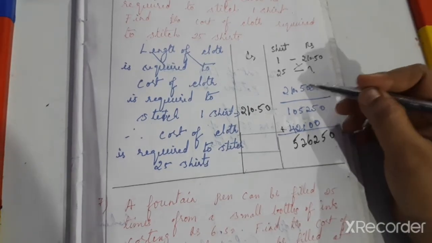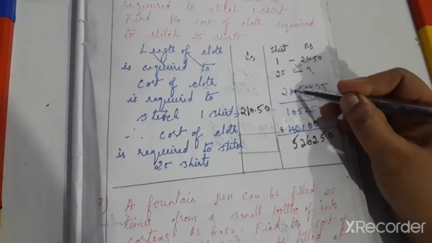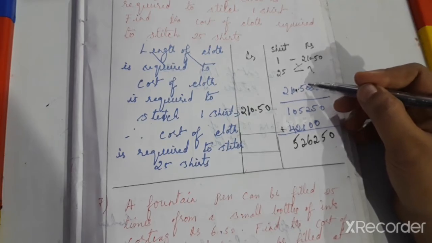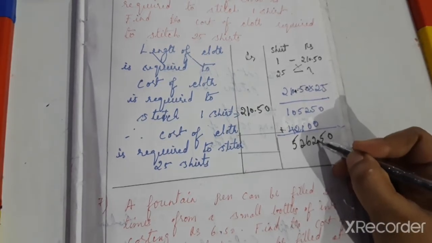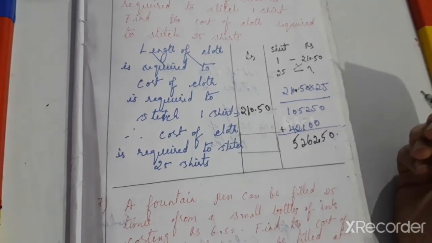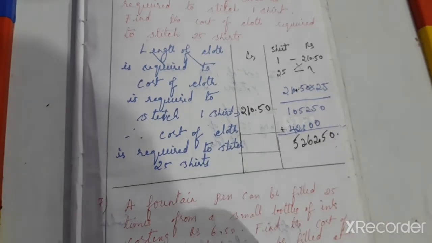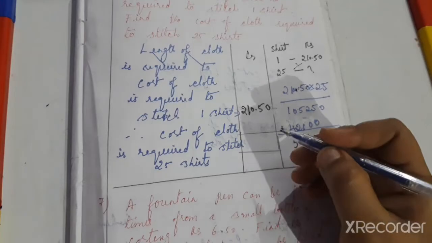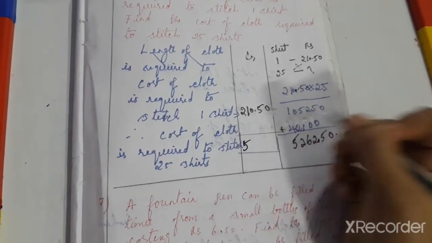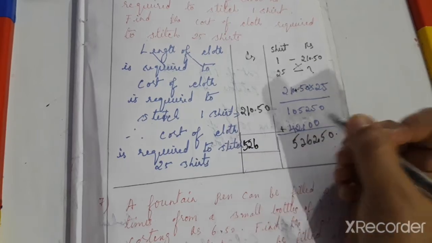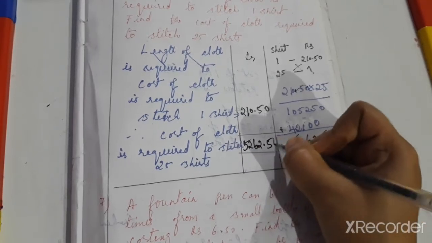For the decimal, after 2 numbers from the right side put the decimal point. So the answer is 5262.50 rupees, that is 5262 rupees 50 paisa.